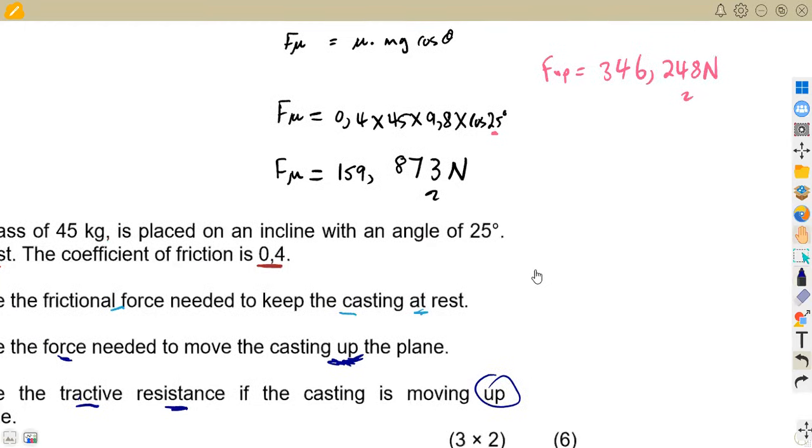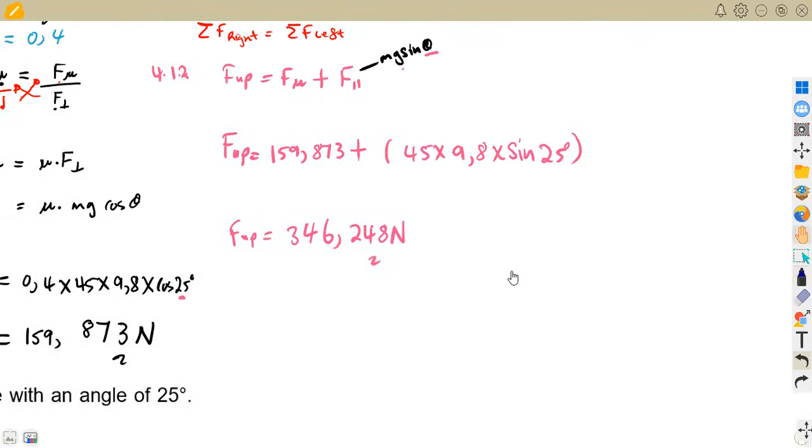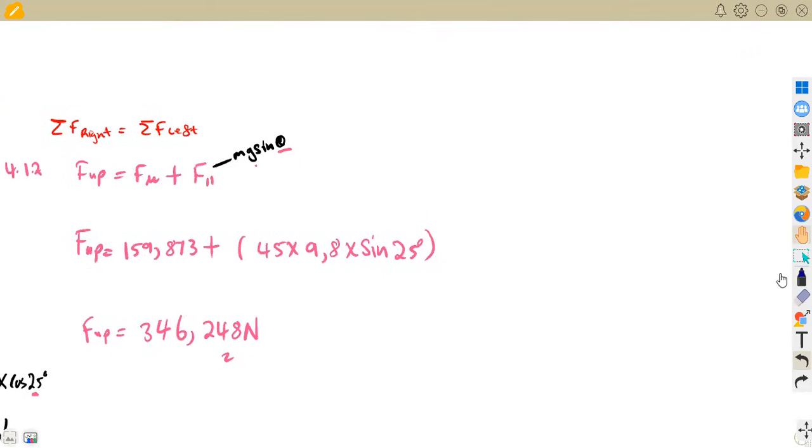So F up can be given from this formula: F up is equivalent to the tractive force, that is the resistance in this case, our tractive resistance, times the parallel component, which is the parallel force. So this is what you're supposed to be calculating.